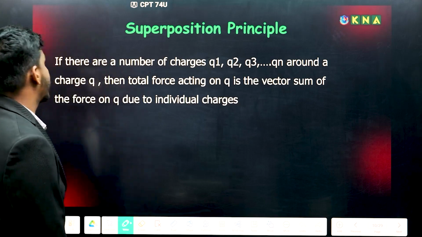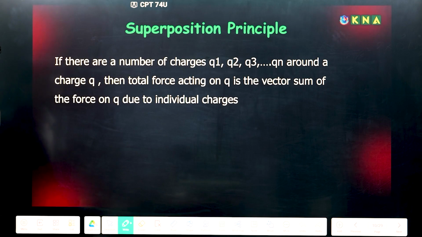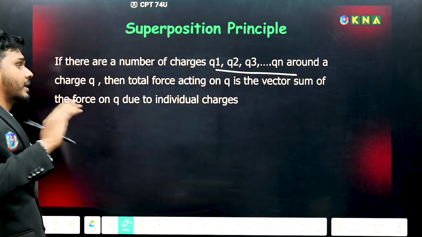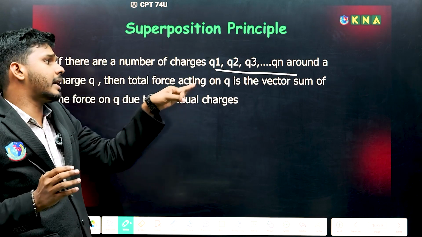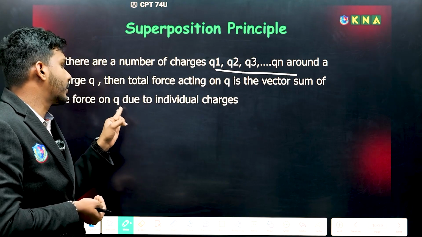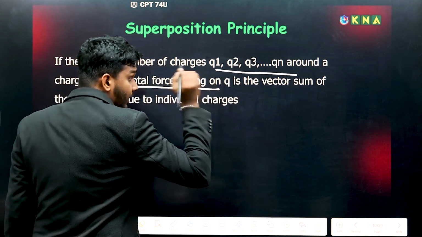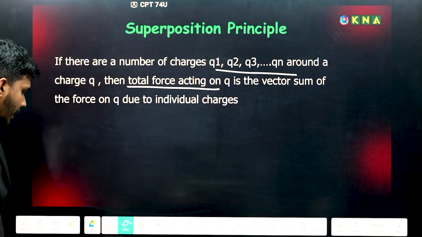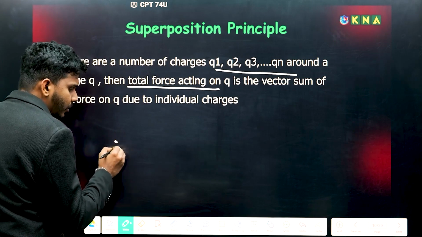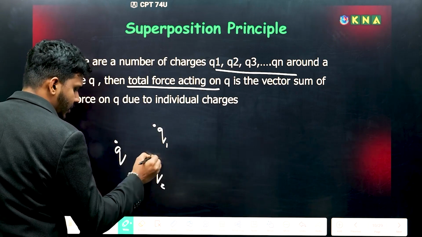Next, what is the superposition principle? If there are a number of charges q1, q2, q3, etc., qn around a charge q, then the total force acting on q is the vector sum of the forces on the charge q due to the individual charges.